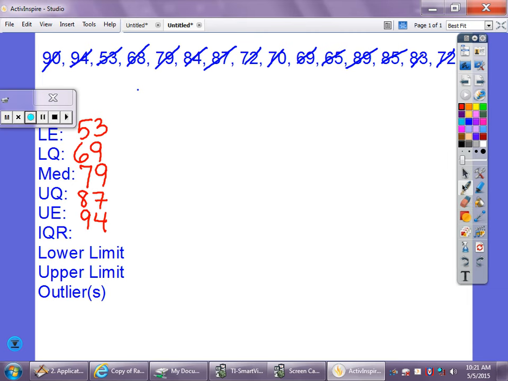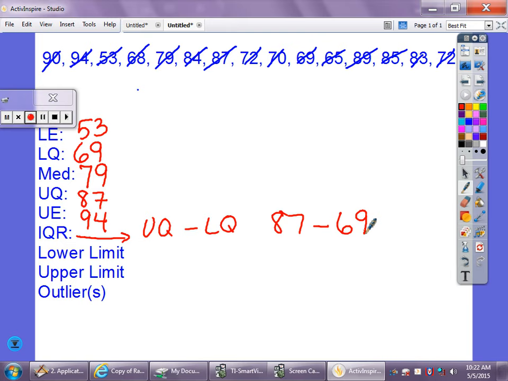Okay, so my IQR is when I take the upper quartile minus the lower quartile. So the upper quartile is 87 minus 69, which is 18. So my IQR is 18.